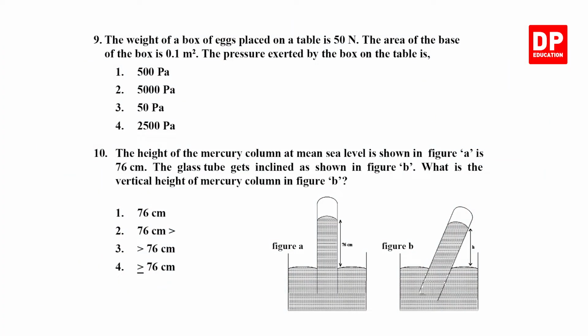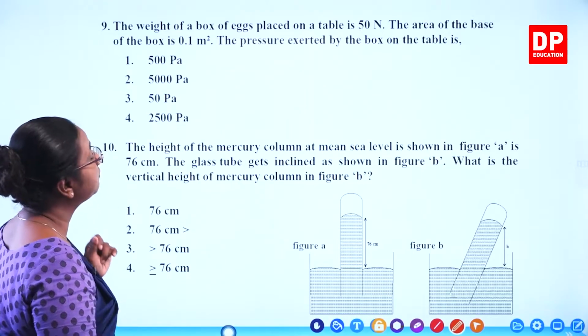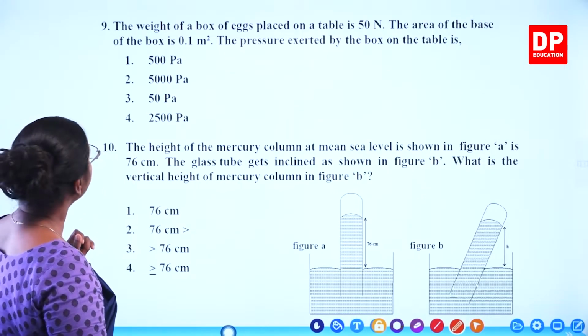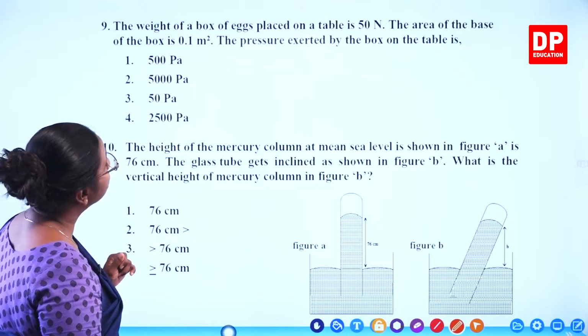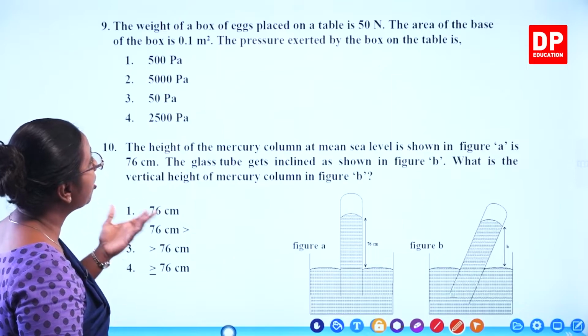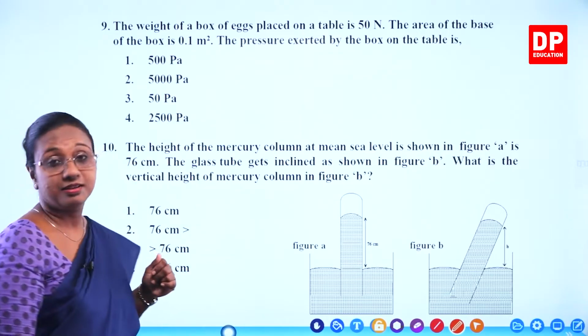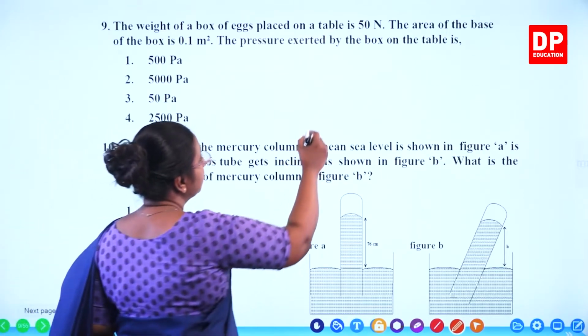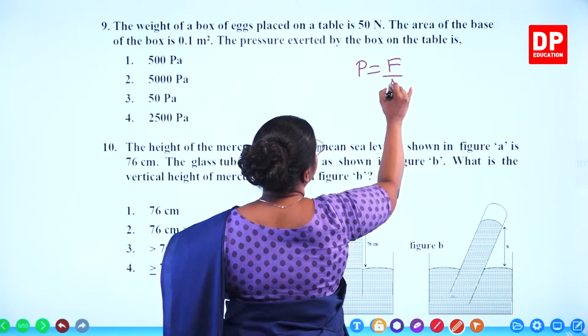9th question. The weight of a box of eggs placed on a table is 50 Newton. The area of the base of the box is 0.1 meter squared. Find the pressure exerted by the box on the table. This is very easy. The direct equation where we use is pressure equals force over area.